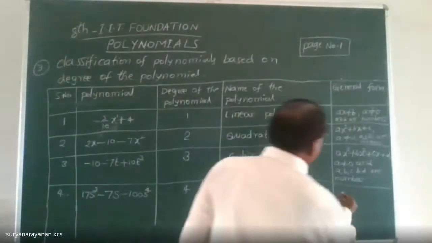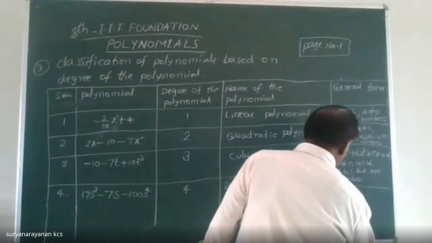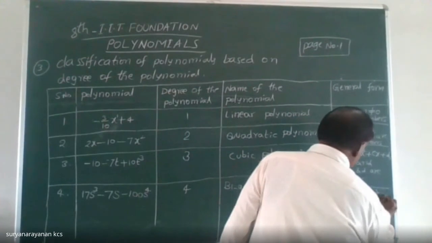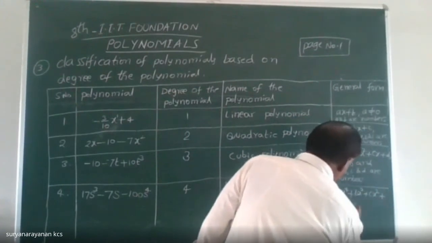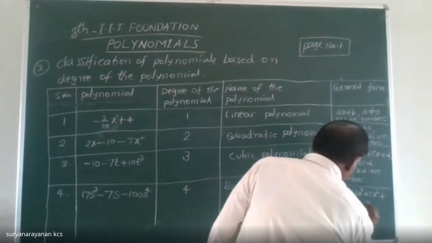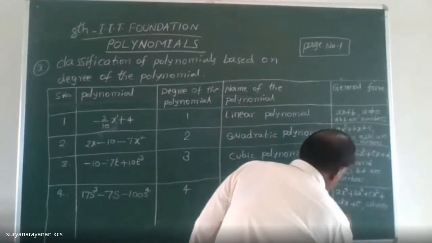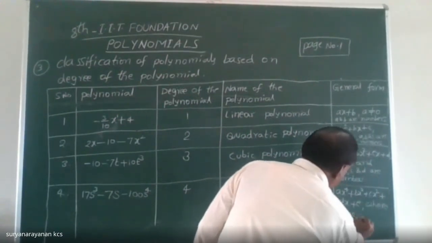Okay. ax power 4 plus bx cubed plus cx squared plus dx plus e, where a is not equal to 0.